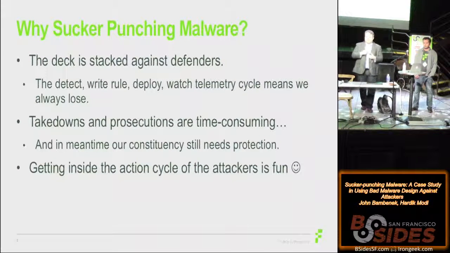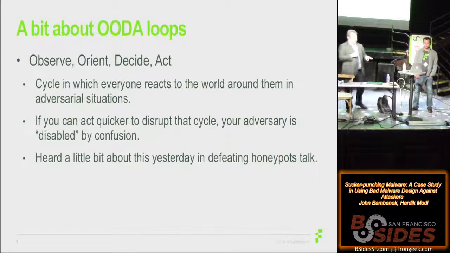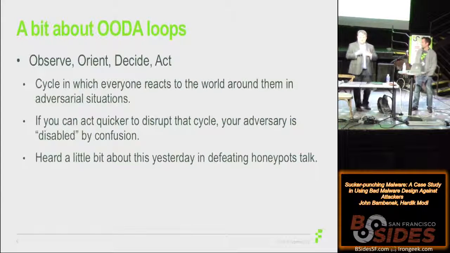But what really gets fun is getting inside the action cycle of the adversary, getting inside their head and treating it like a frat house. So a little bit about OODA loops. The Symmetria talk yesterday talked a little bit about that. It's observe, orient, decide, act, and it's the mental cycle people go through in adversarial situations.